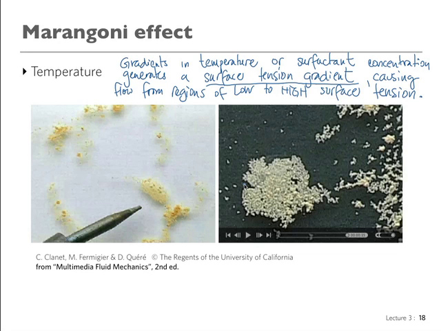So recall, a liquid with a high surface tension will pull more strongly than a liquid with a low surface tension. And therefore, if you have an area of high surface tension, that tends to pull the liquid, and this produces a flow from low to high surface tension.